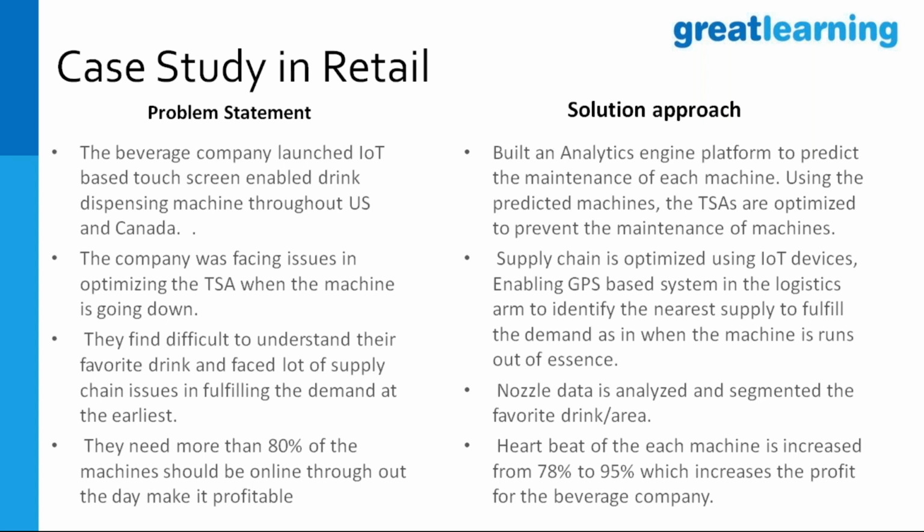This is being optimized by using IoT devices in the machines, fitted on the touch panels. So nozzle data is being analyzed, and the heartbeat of each of the machines has been increased from 78% to 95%.